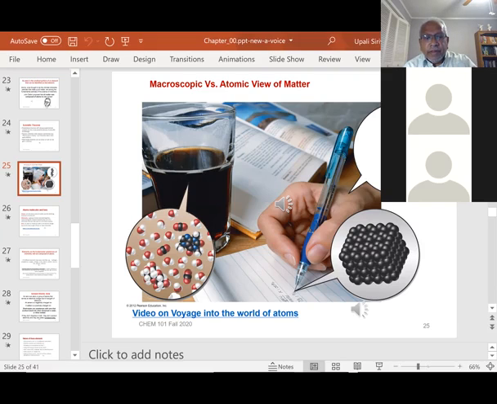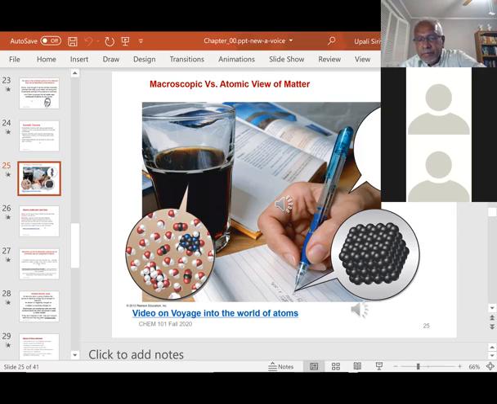The ordinary view is just a glass with dark brown liquid in it. But in the mind of chemists, in the atomic view, there are water molecules, carbon dioxide molecules, and sugar molecules.